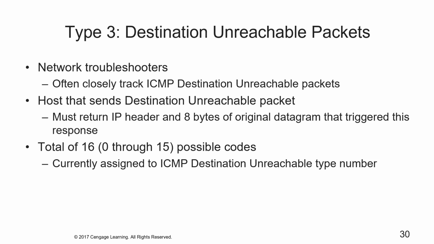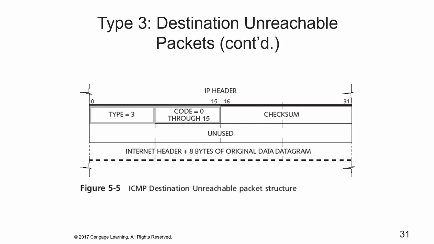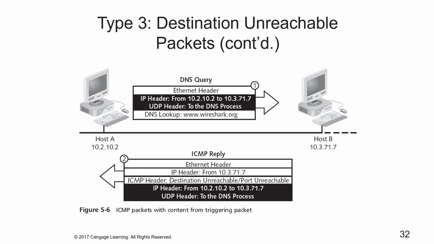There's a total of 16 possible codes currently assigned to the ICMP destination unreachable type number. And here is a breakdown of the ICMP destination unreachable packet structure. Here's a flow diagram of how it works. So, ICMP packets with content from the triggering packet.